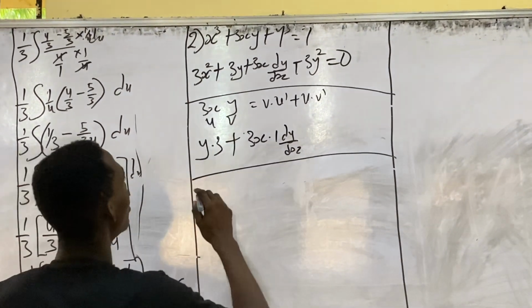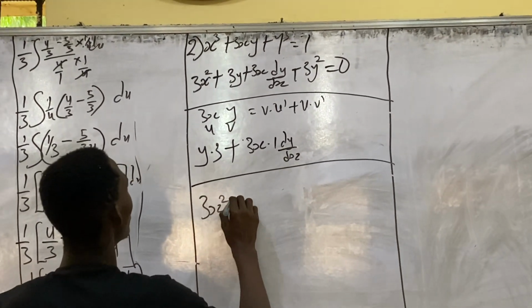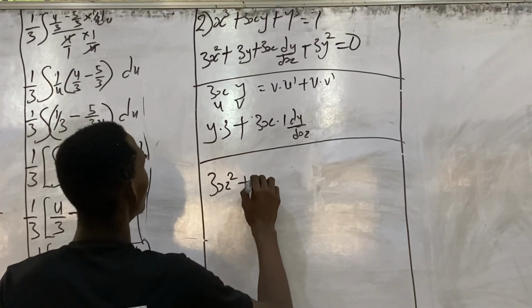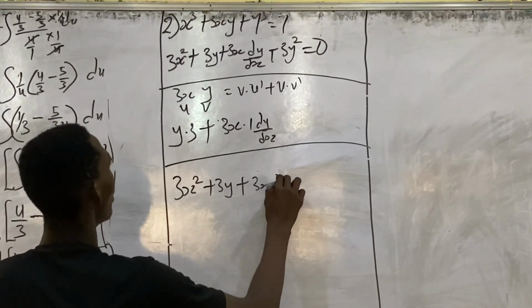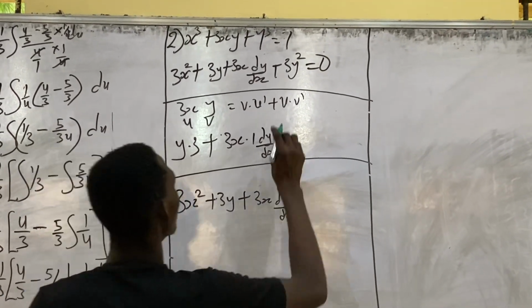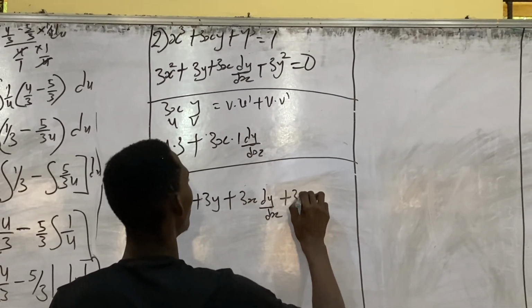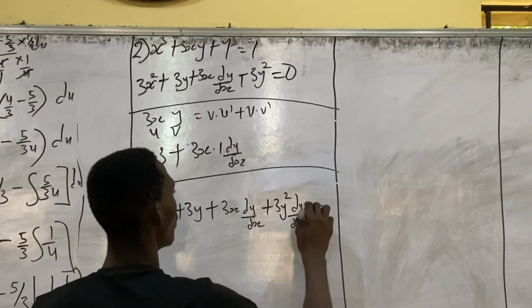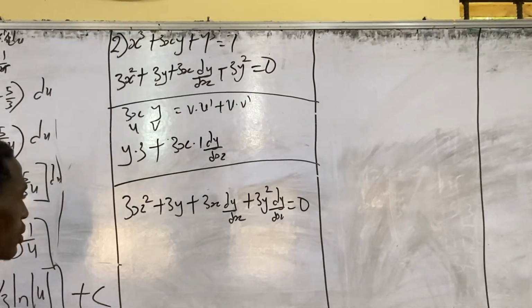So now let's rewrite this as 3x squared plus 3y plus 3x dy dx. Sorry, I'm supposed to add the dy dx to this, plus 3y squared dy dx is equal to 0. Like I said, whenever you find the derivative of y, you add the dy dx to it.